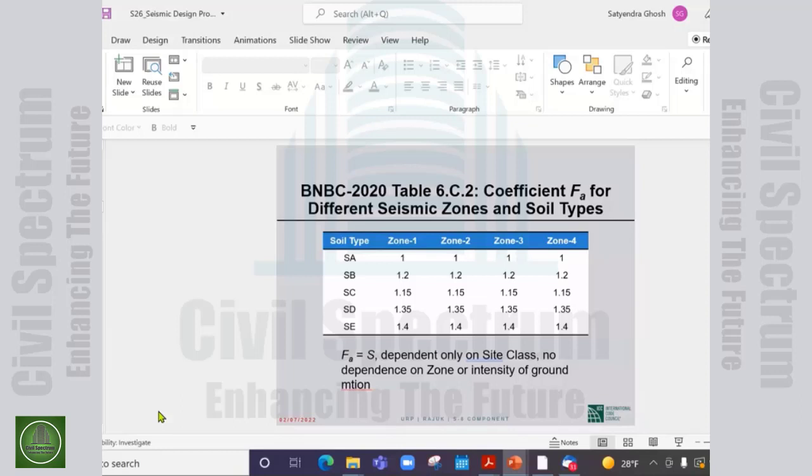Okay, moving on. How do we design a structure in between the resonance range? What does that mean? What is a resonance range?